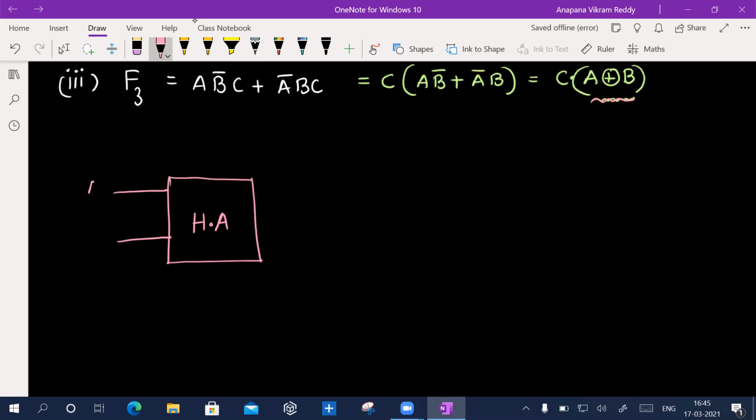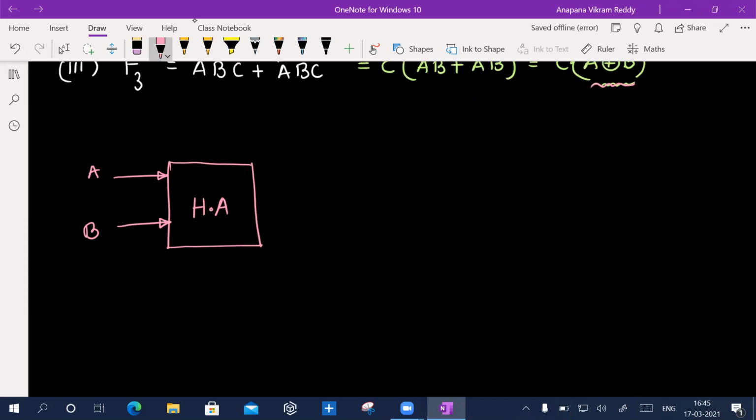So I'll take A, B. I have inputs to the half adder like this. Now what output do I get here? I get A exclusive or B. And what must be the carry in this case? A and B. So the carry must be A and B.